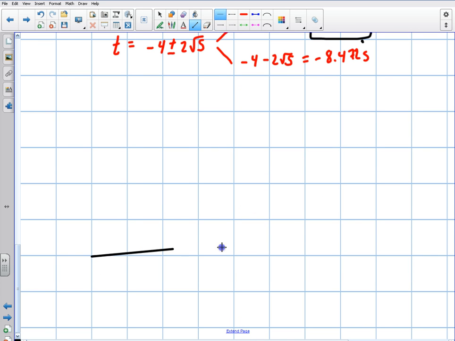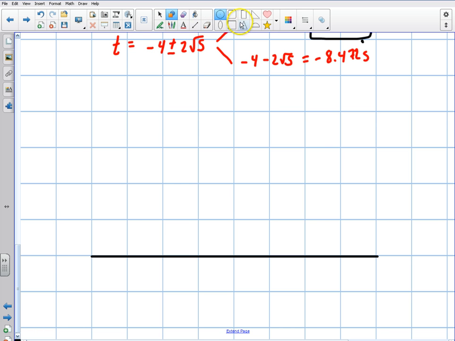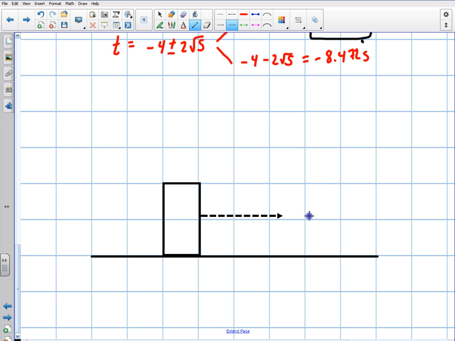The reason is that when you have, let's say you have a projectile like this, and you're launching it off of a building, like this. And you want to know when does it reach a certain height level here.